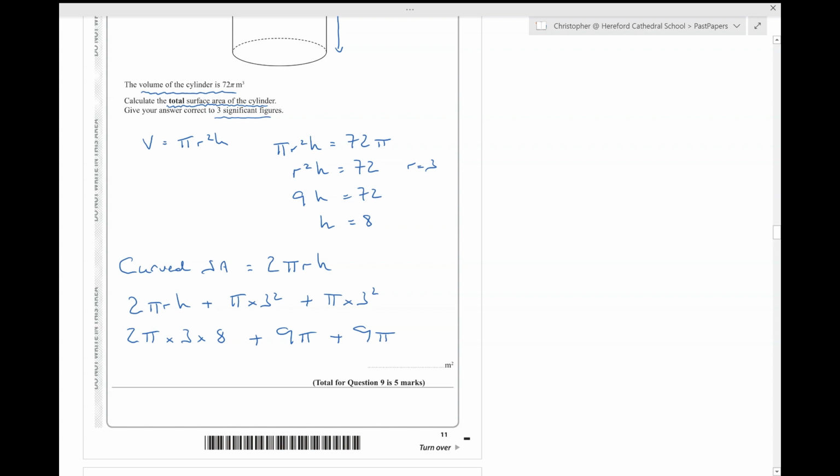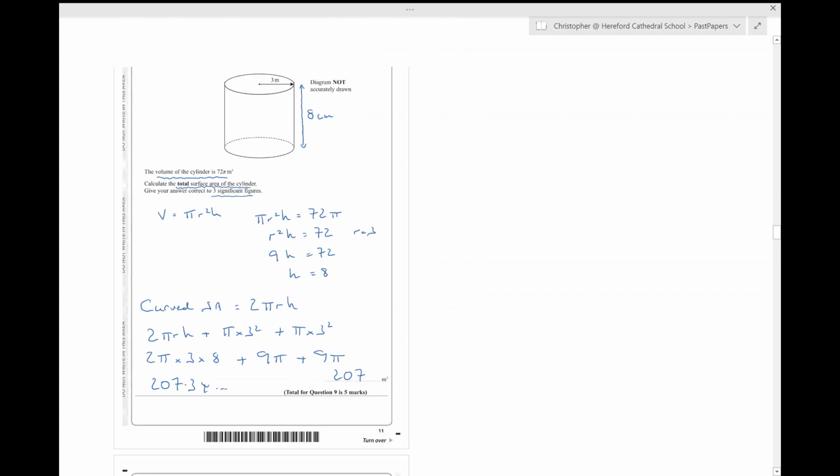So I've got 66 pi altogether. Multiply that by pi, and that gives me 207.34 and so on. And to 3 significant figures, that is 207 square meters for the total surface area of that cylinder.